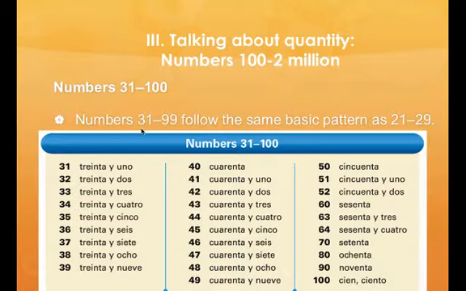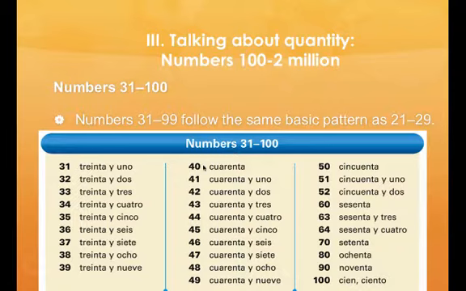Okay, so again, we remember that numbers 31 to 99 follow the same basic pattern as 21 to 99, for example. All right, so with 31, 32, 33, 34, 35, etc., we see that we have 30 and 1, 30 and 2.